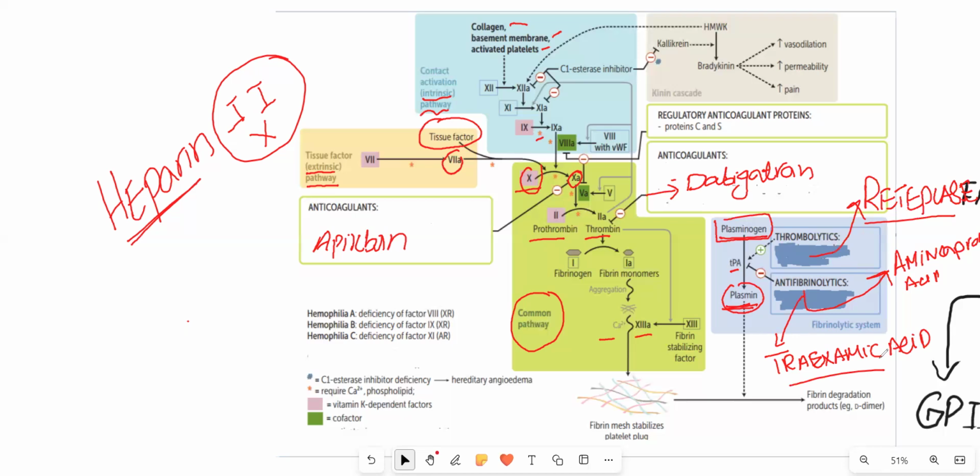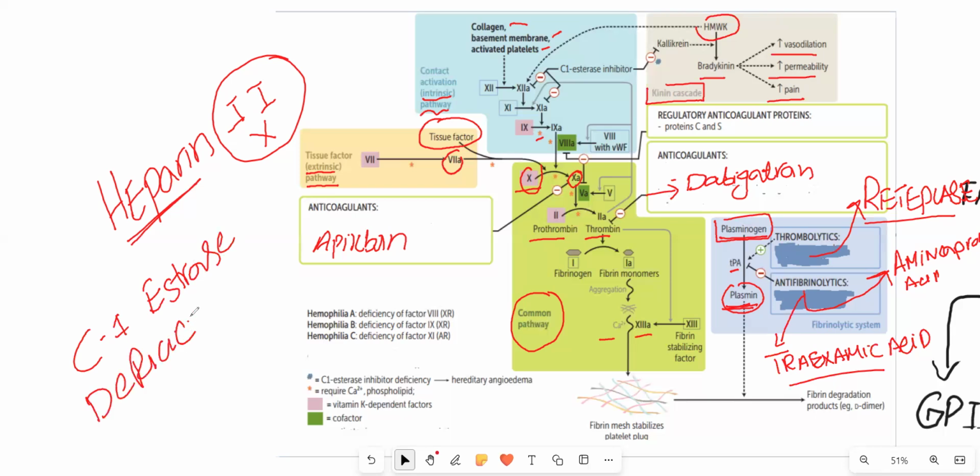Now, another thing is the kinin cascade. Kallikrein converts high molecular weight kininogen into bradykinin. This bradykinin ultimately leads to vasodilation and permeability, and there is a disease, C1 esterase inhibitor deficiency. C1 esterase inhibitor deficiency leads to angioedema. How it leads to angioedema is very simple, but it is very high yield.